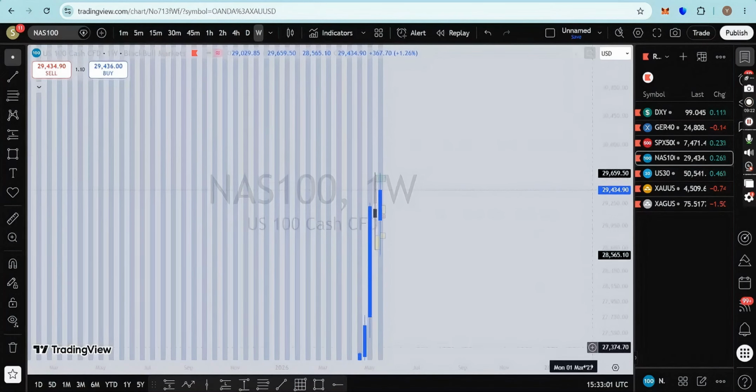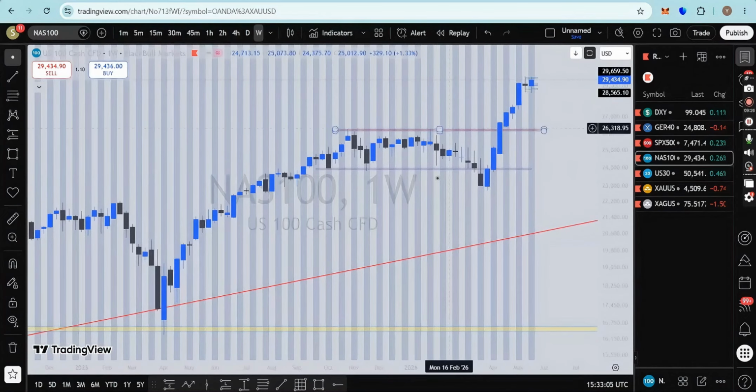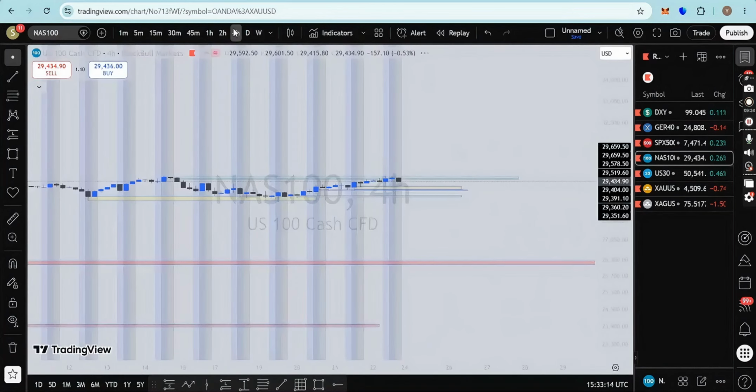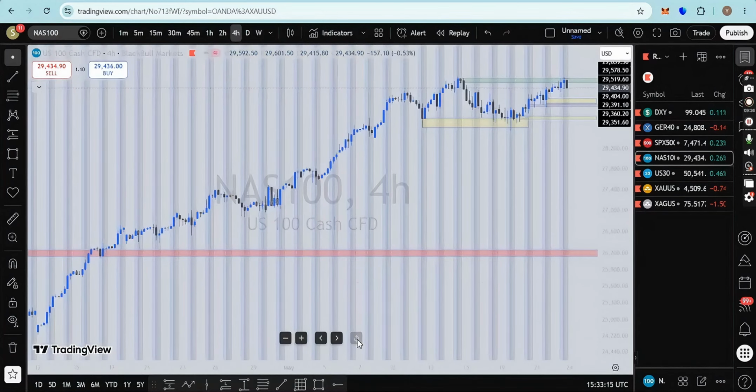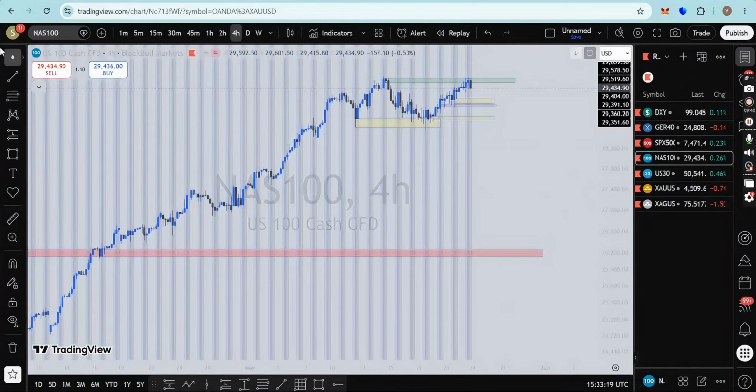You can see I have this resistance zone, this support zone. This is how I mark my zones, and I use candlestick colors to differentiate my candles. So when I see this candlestick color, I know what I am looking for because I have integrated that mindset into myself.